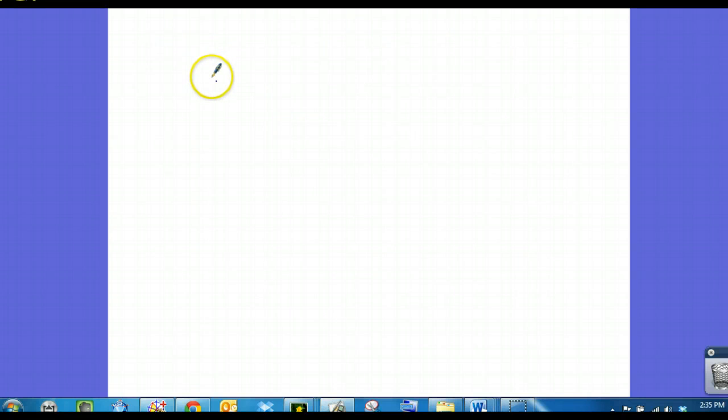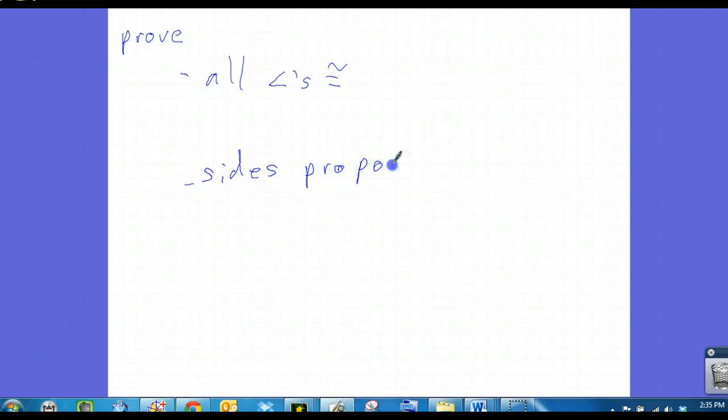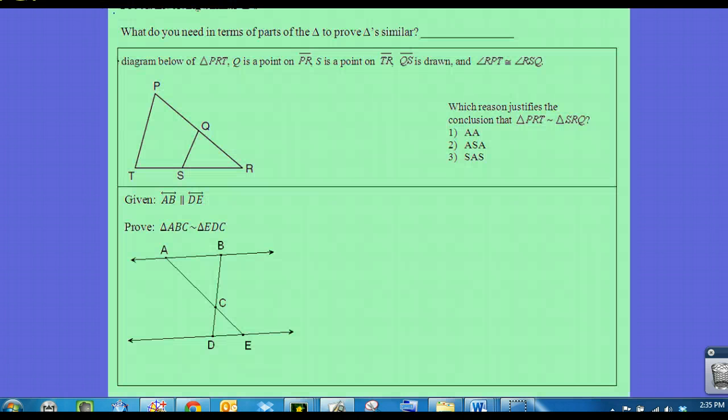One way is all angles congruent. Prove all angles congruent. Or prove sides proportionate. So let's look at that here. I'm going to skip right to this problem.